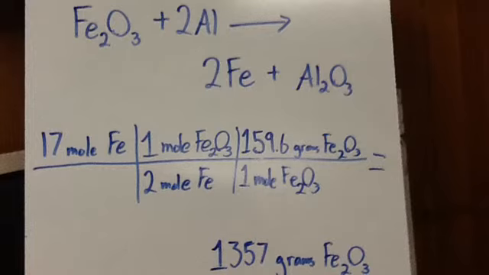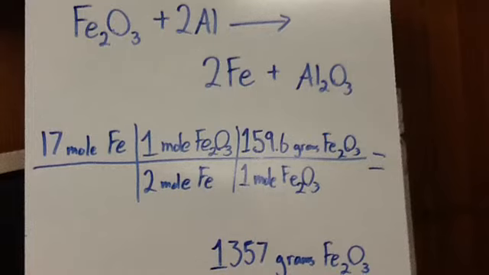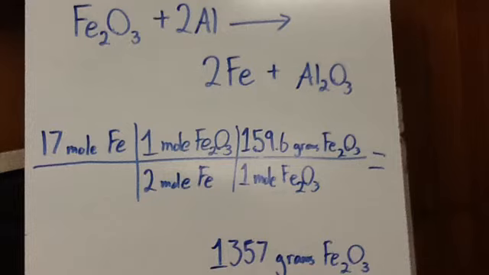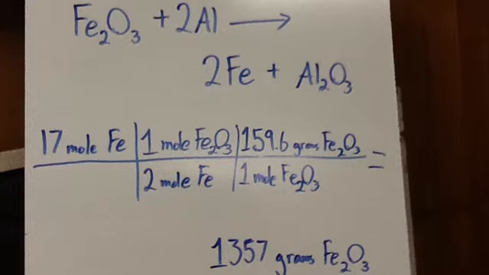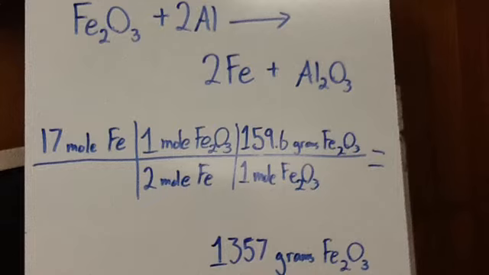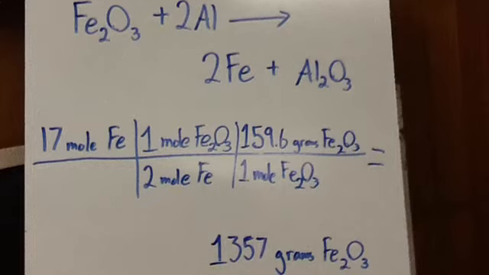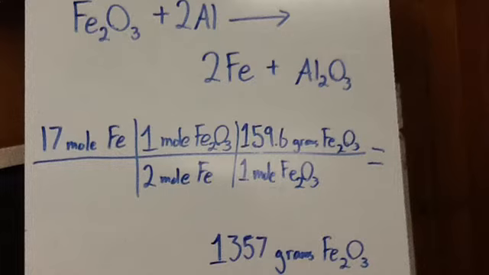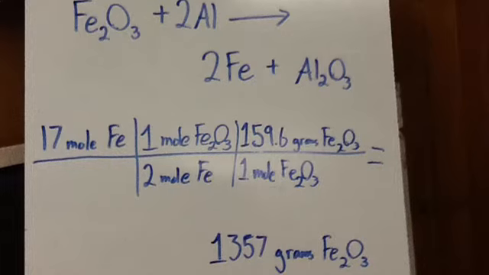And this is definitely a much more reasonable question than the previous question in the previous video, because in a laboratory setting, a chemist needs to actually measure out the grams of any reactant. You can't just measure the moles of any reactant.